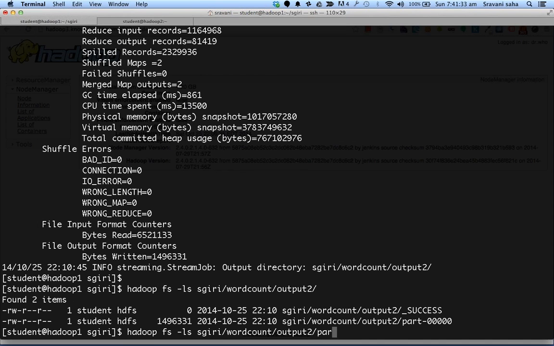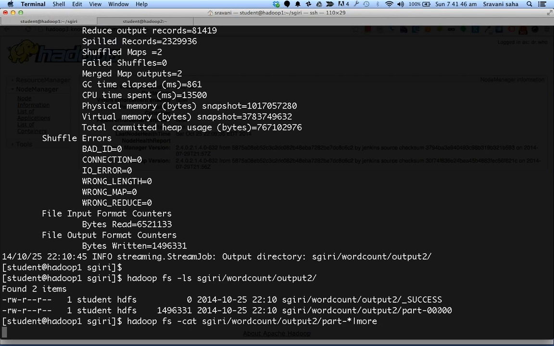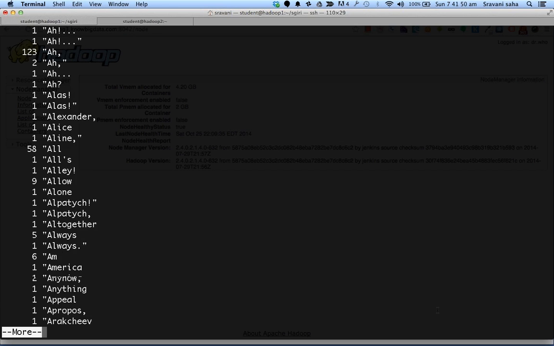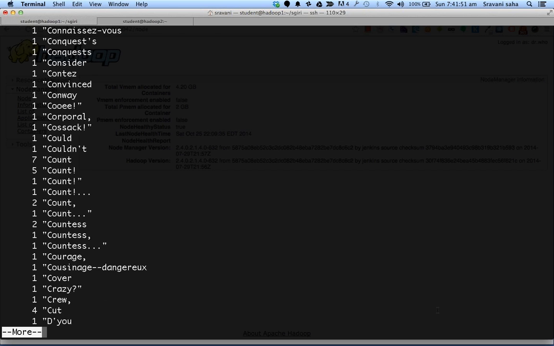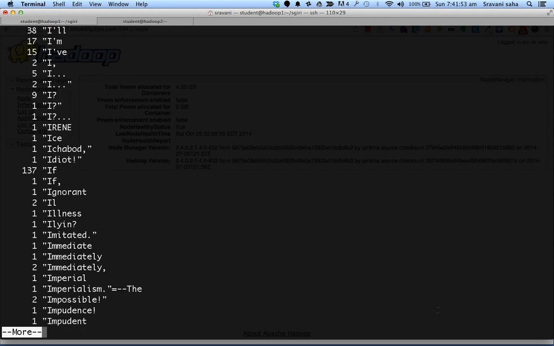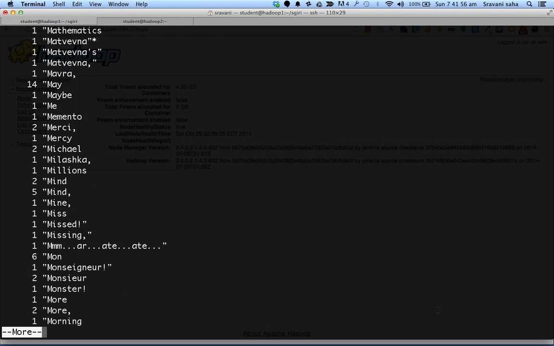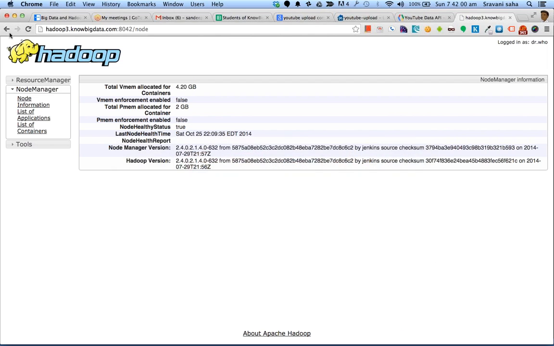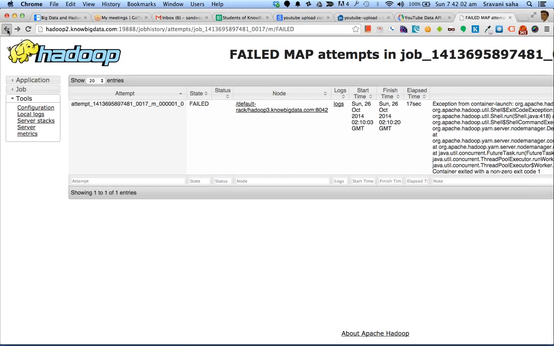Whenever it finishes the job, it prints out over here. Now let's see what it has. It has done some sort of sorting here, if you see. Okay, so probably we are looking at the wrong thing.